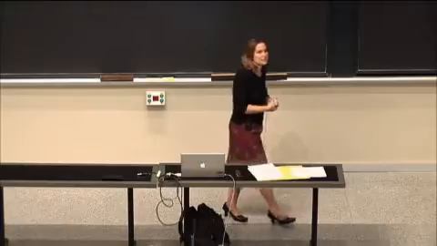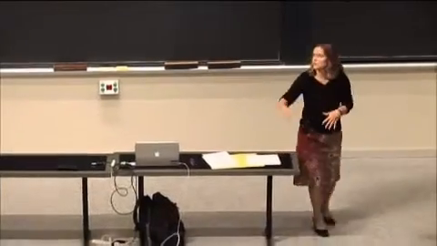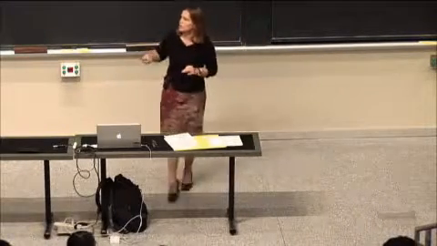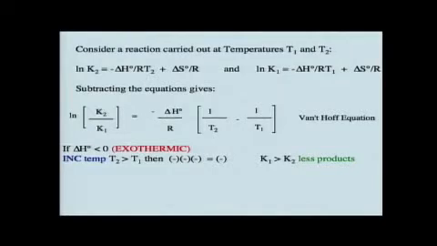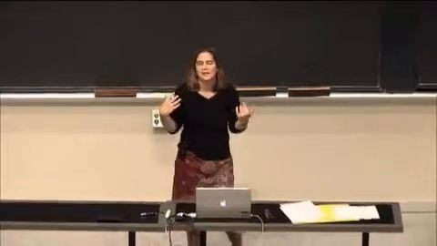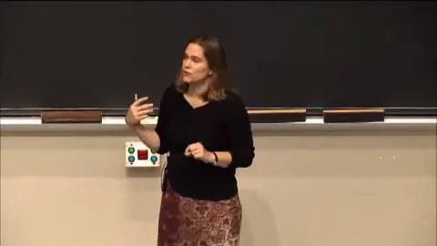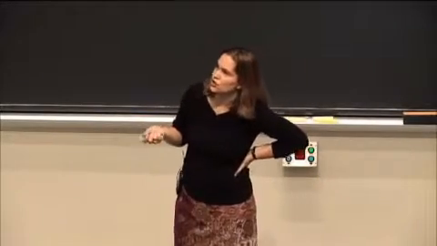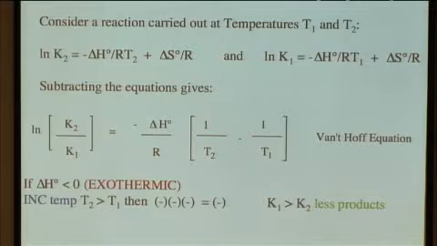So you can think about this mathematically by running through this argument. You can also think about it in terms of what you would expect if you increase the temperature, in terms of the relative ratio of products to reactants at equilibrium for an exothermic reaction. If you're increasing the temperature of an exothermic reaction, the reaction would want to shift in the direction to absorb that heat, the endothermic direction.